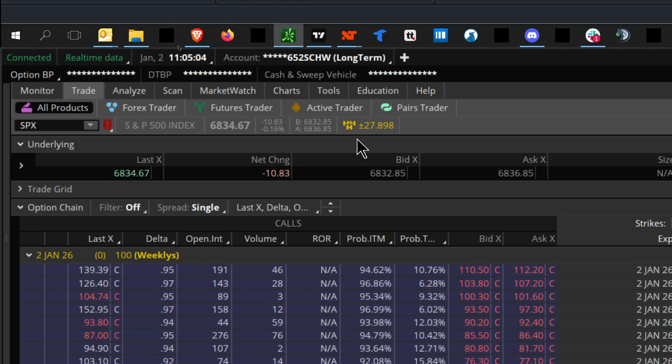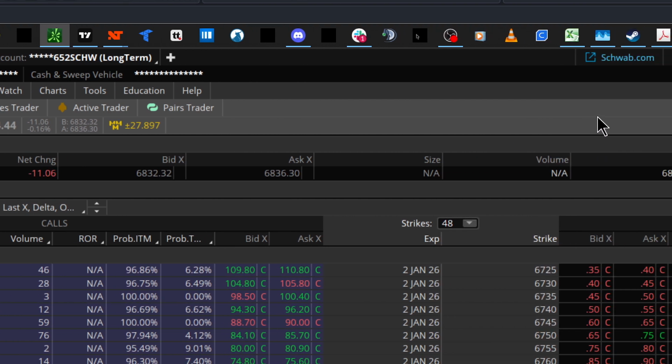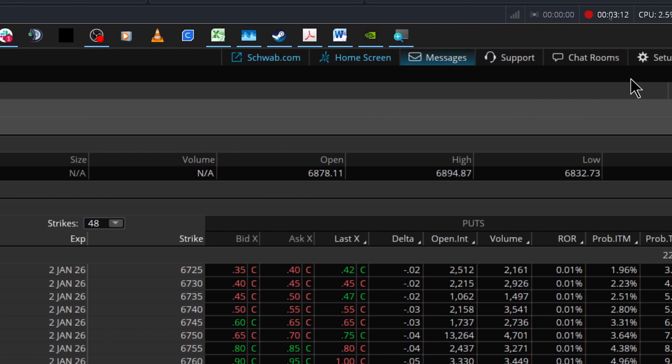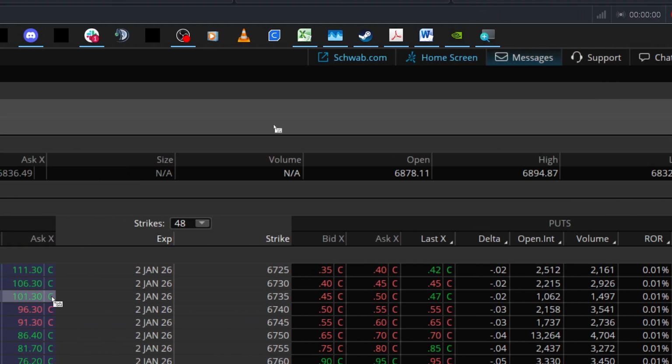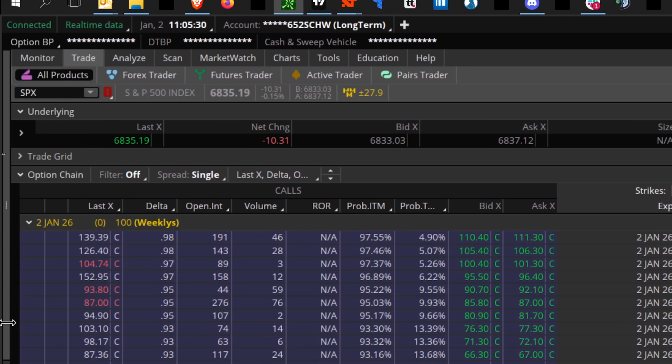The market maker move is derived by a formula of what the market makers are seeing as opposed to the options. Now notice here, let me go back over here.